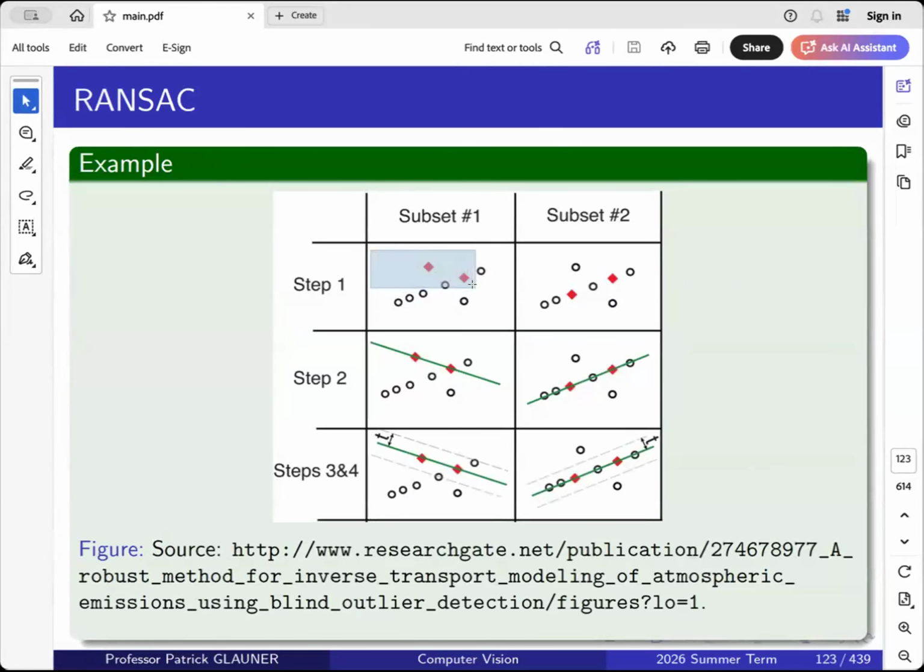We have this seed group among the data set, which are these red squares. And here we have the circles as well, and we pick two other elements for the seed. So these are two subsets, and we see now how RANSAC works. What we want to find is a straight line in this data set. And we have now randomly picked this seed group.